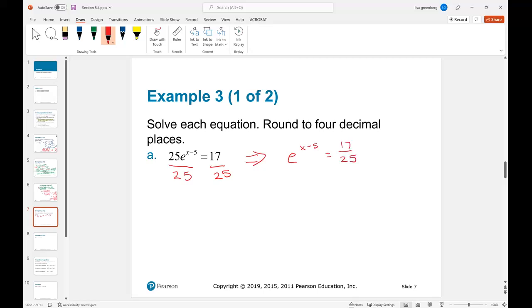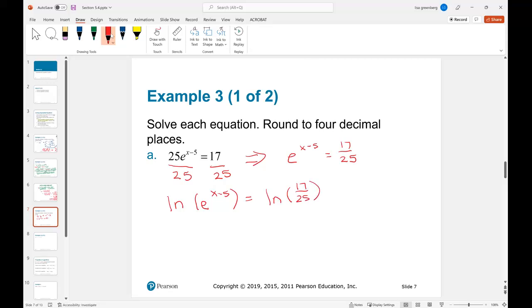Now, when I take the log of both sides, which log should I take? I should take the natural log because e is my base. So I'm going to take the natural log of both sides. So I have the natural log of e to the x minus 5 is equal to the natural log of 17 over 25.